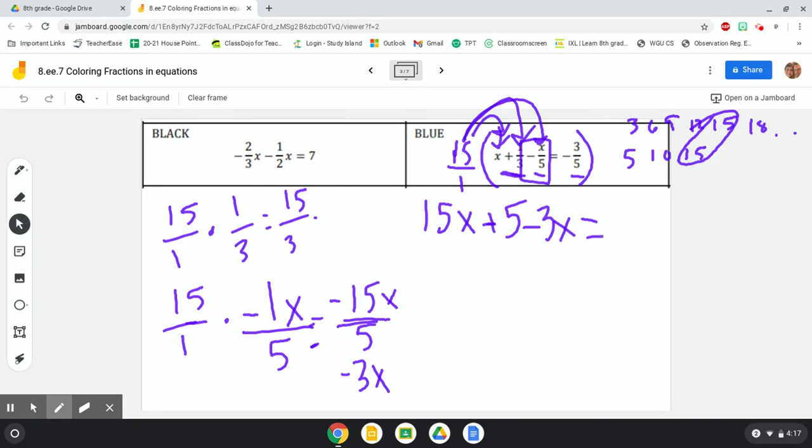Bring down my equal sign, and now I'm multiplying that last side. So remember, when you're multiplying by the least common denominator, you want to multiply it by both the left-hand side, whatever's on the left-hand side, and whatever's on the right-hand side. So again, I'm going to erase some of this so I have more room to work.